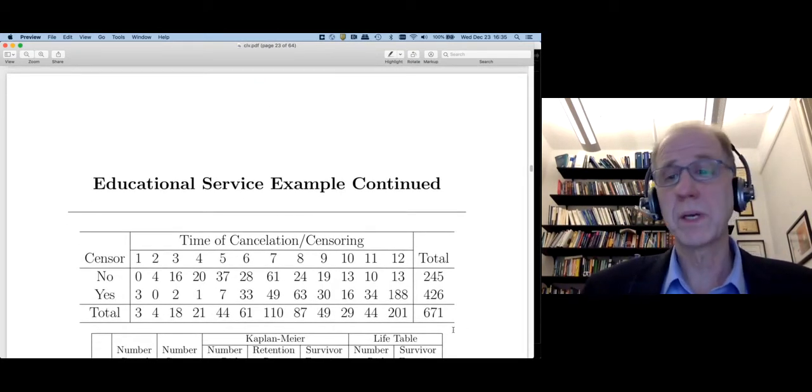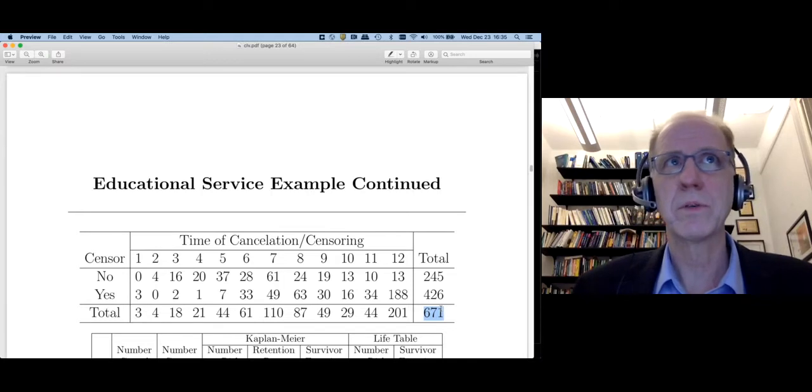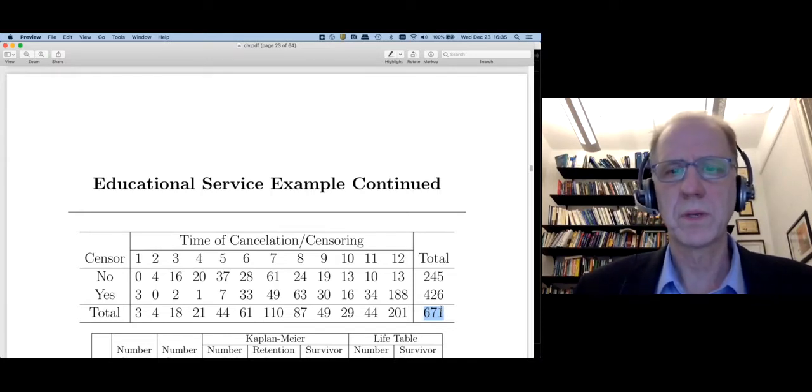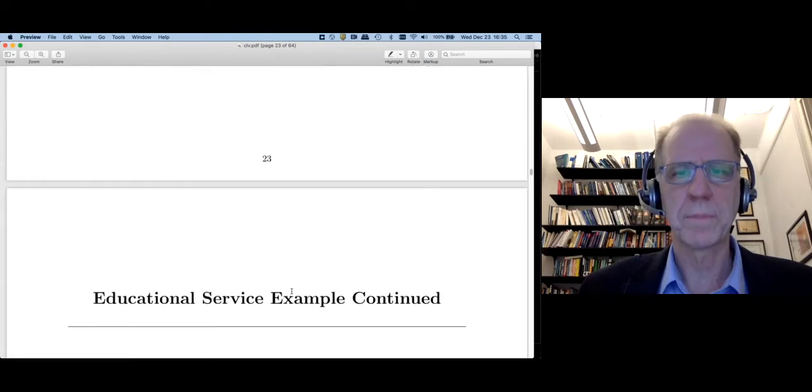I've given counts as I had in this table, so a very concise way. The alternative would be to have 671 rows in the data set, and that's probably what you'd be more likely to encounter if you were doing this with a real database for a company. But I've already done substantial aggregation to end up with these counts.